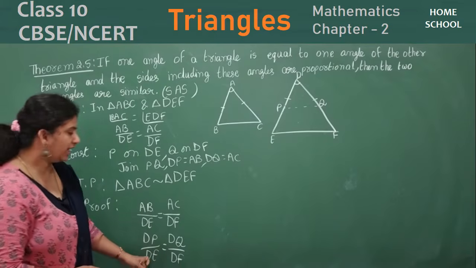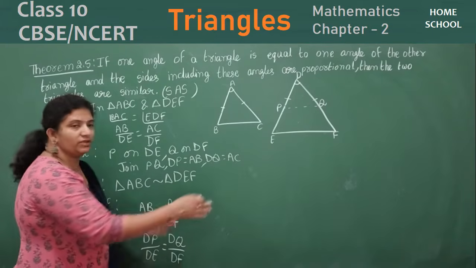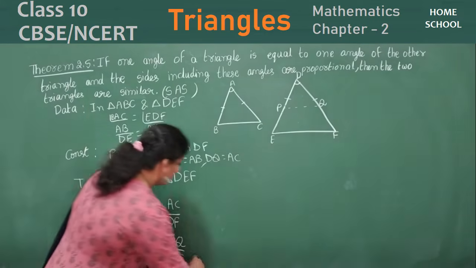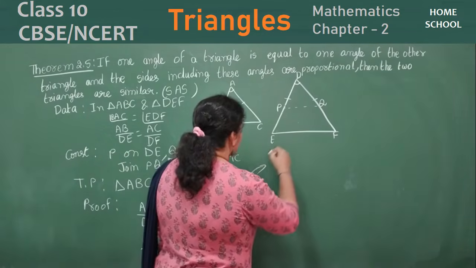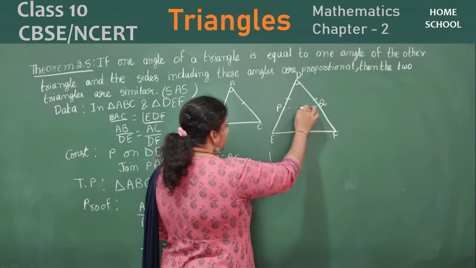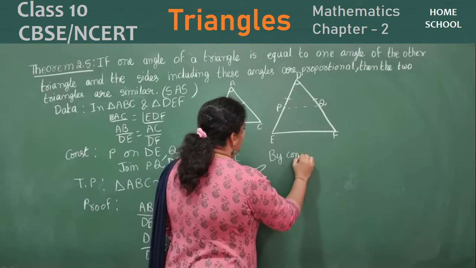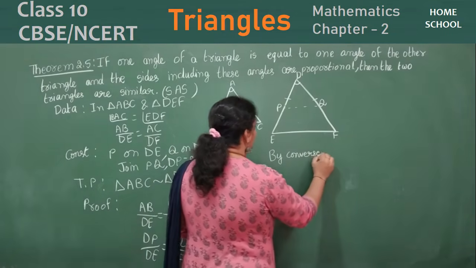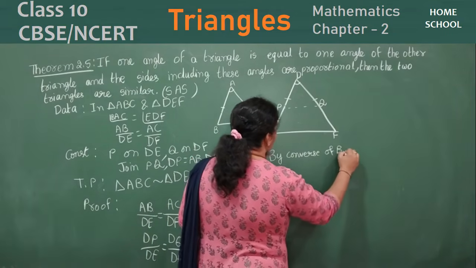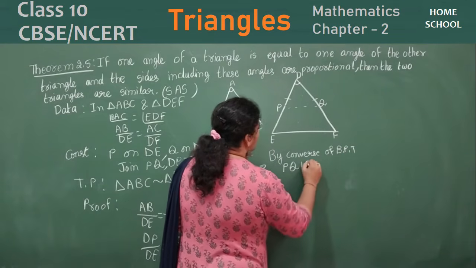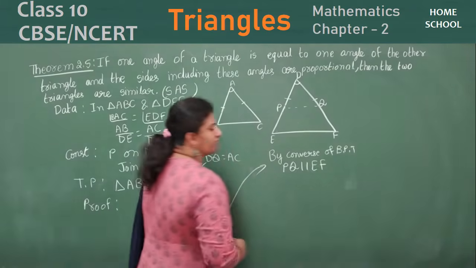So finally, what I can say here, no need of proving the middle part, which we have done before, we know, right? By the converse of BPT, directly I am writing from here, PQ is parallel to EF.